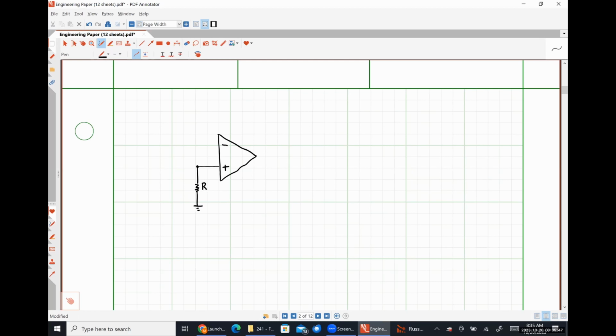So I'm going to have some resistor R here, some identical resistance R here, and I'm going to call this voltage V2.